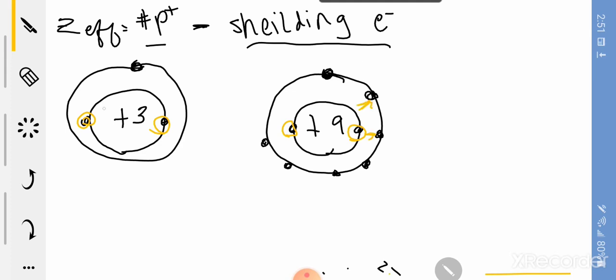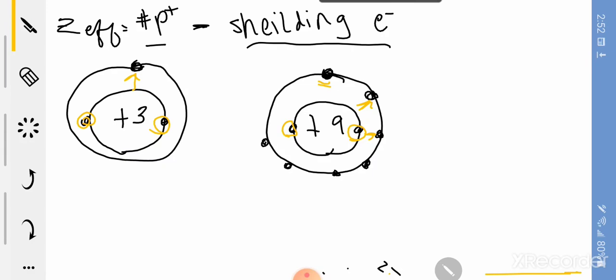These inner electrons are repelling the outer electrons because electrons have the same charge, so they repel each other. So these outer electrons, in a sense, feel a different level of positivity, a different level of attraction to the nucleus because of these inner electrons. And that's what the effective nuclear charge is calculating, or telling us. It's telling us how much attraction these outer valence electrons are feeling to the nucleus due to their positive charge and their shielding electrons.